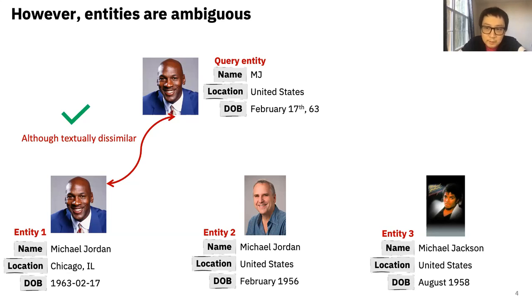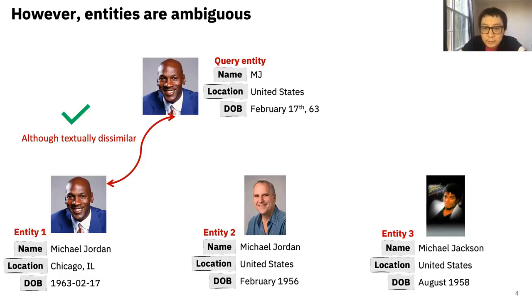Note that the reasoning process in our brain is rather complex, because if we look at the surface forms of the attributes, the query entity and entity one are quite different from each other. One has Michael Jordan, the other one has MJ. And one has February 17th, 63 in text, and the other one has pure digits like 1963-02-17.